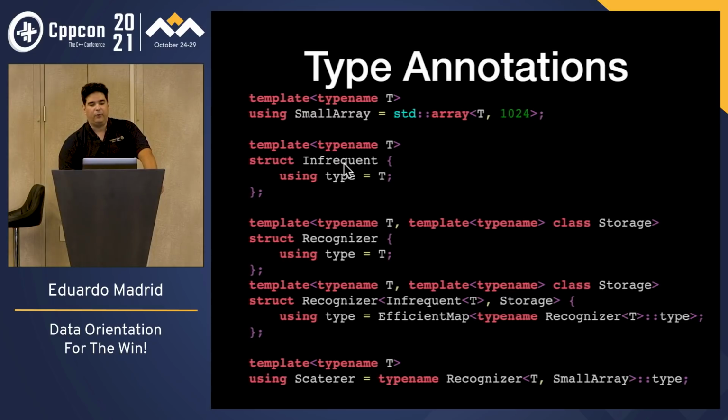So that's the meaning of infrequent, what I am browsing through with my cursor. And I need a little bit of metaprogramming, which I call a recognizer, to be able to detect, through the mechanism of partial specialization of templates, that something is an infrequent. And if I use a recognizer and it is not something specialized, then oh, darn it, I made a mistake here.